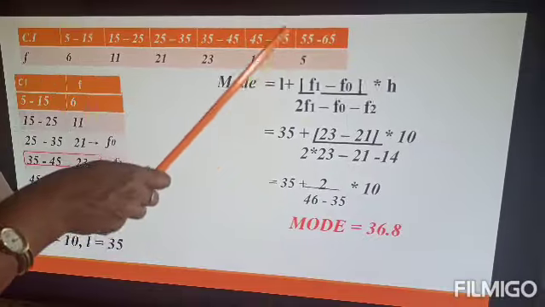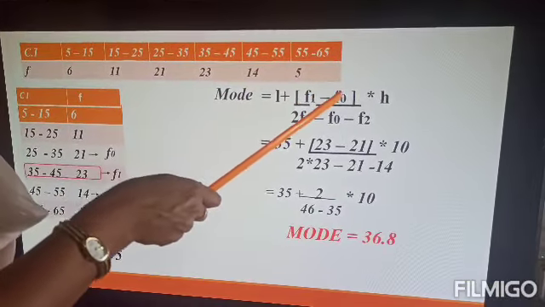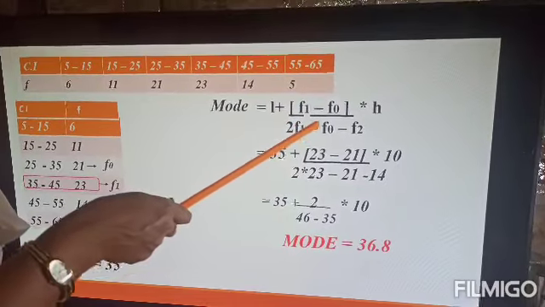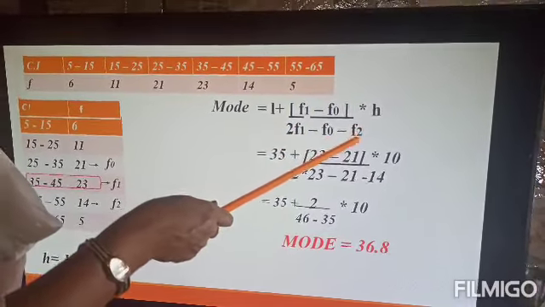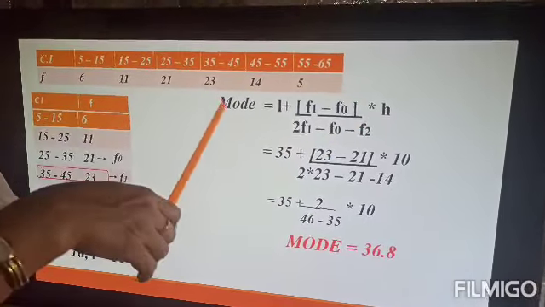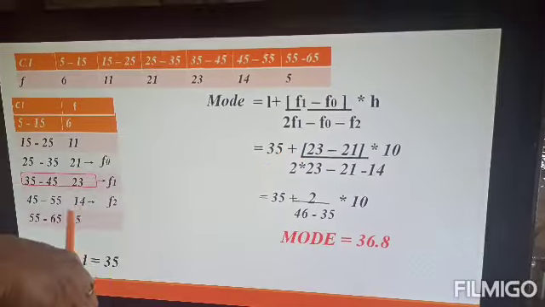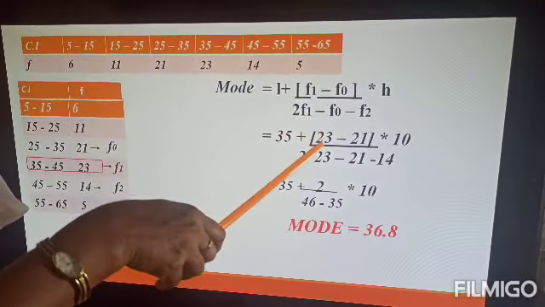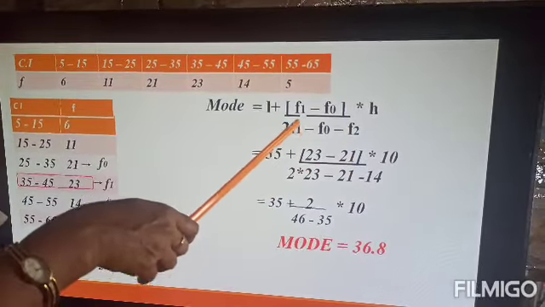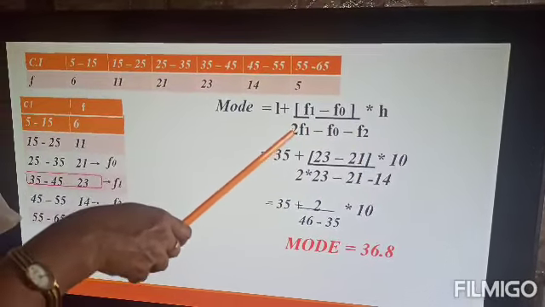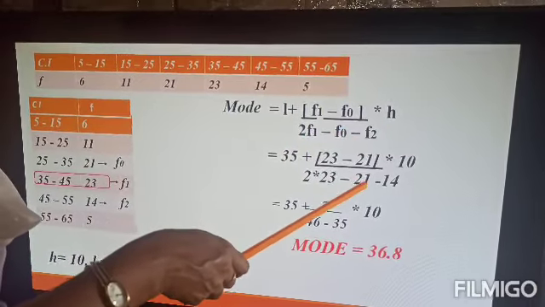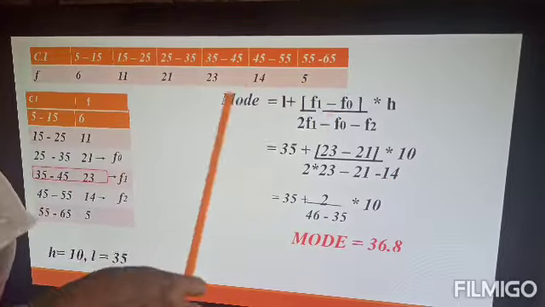Mode is equal to L plus (F1 minus F0) divided by (2 into F1 minus F0 minus F2) into H. Then replace all the values. L by 35, F1 by 23, F0 by 21, and replace again in the denominator, 2 as it is, F1 replaced by 23, F0 is 21, F2 is 14.